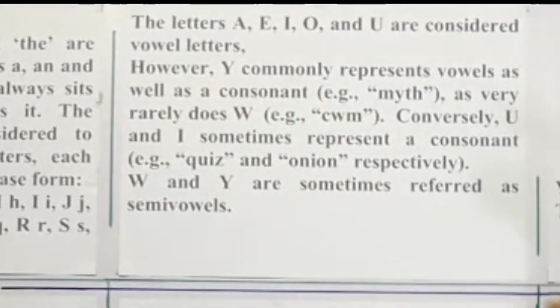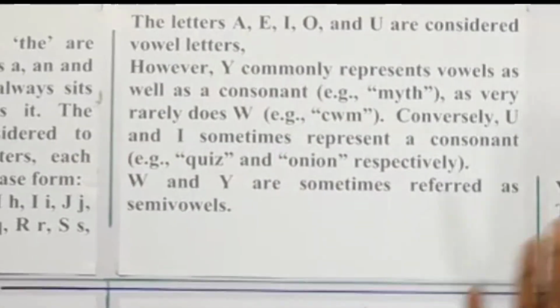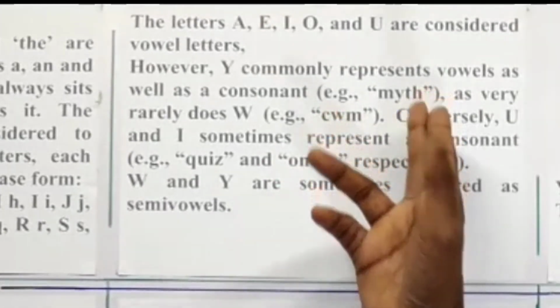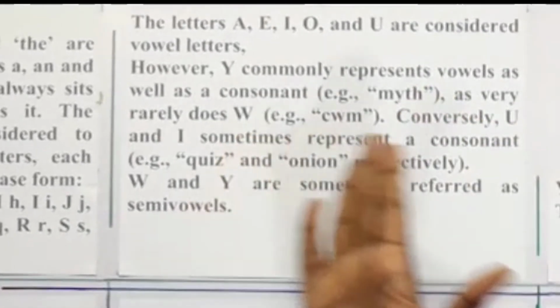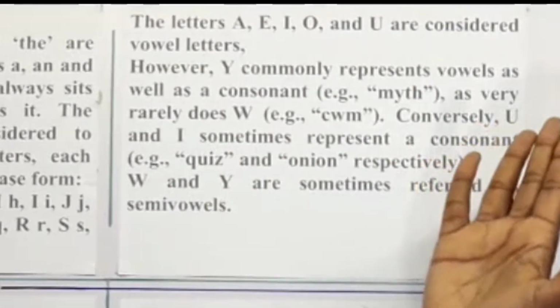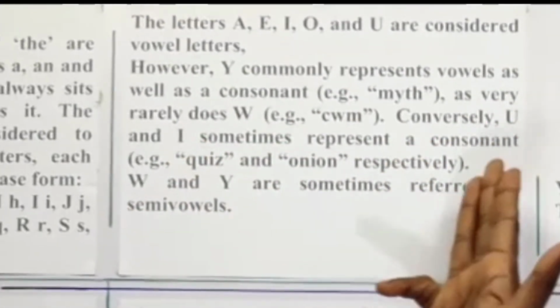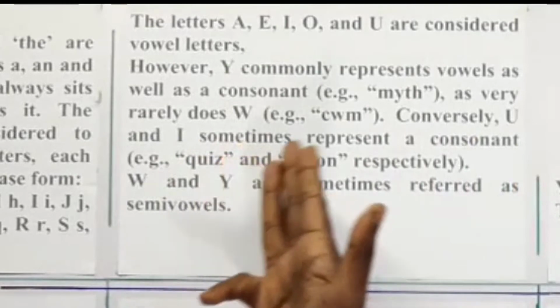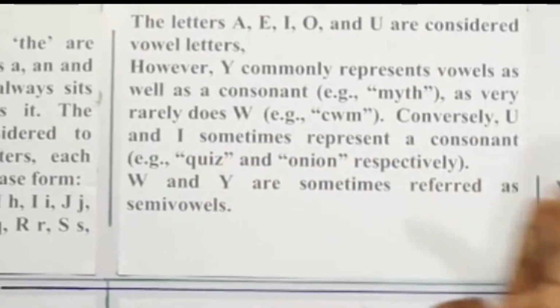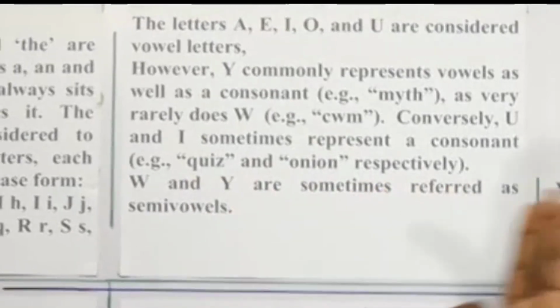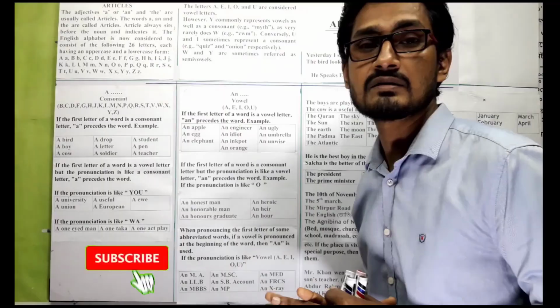However, Y commonly represents vowels as well as a consonant, for example in miss, as very rarely does W. Conversely, U and I sometimes represent a consonant, for example in quiz and onion respectively. W and Y are sometimes referred to as semivowels.